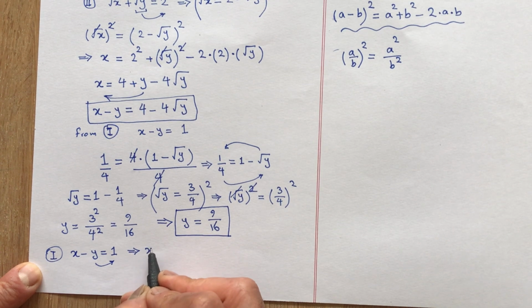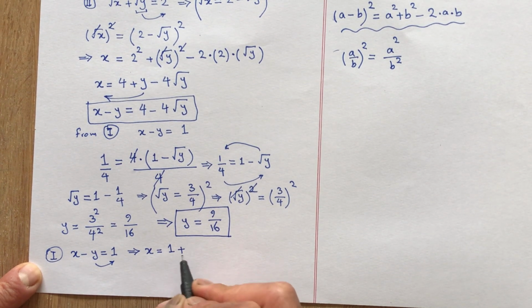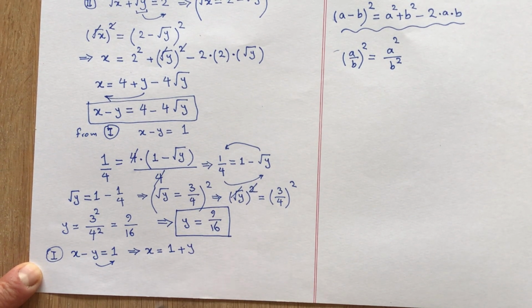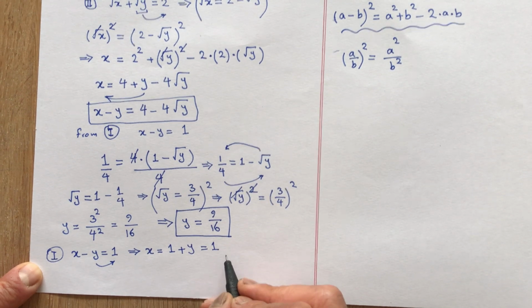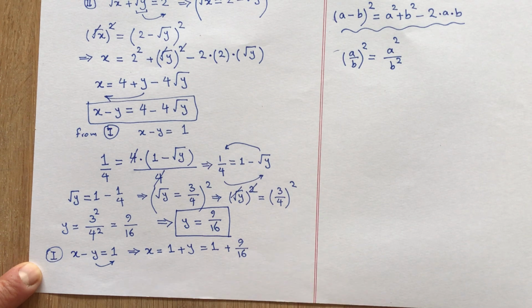So x equals 1 plus, because the sign is flipped, y. And we have y here: 1 plus 9 over 16.